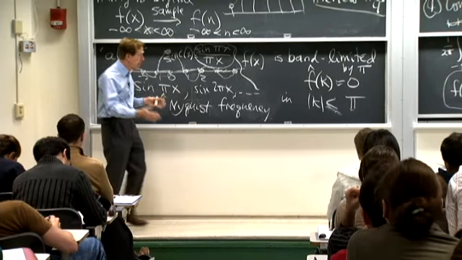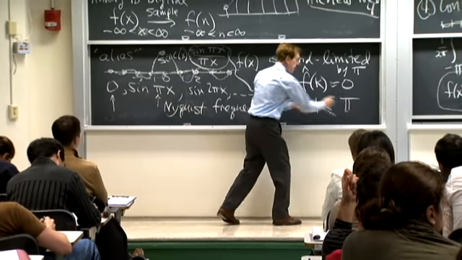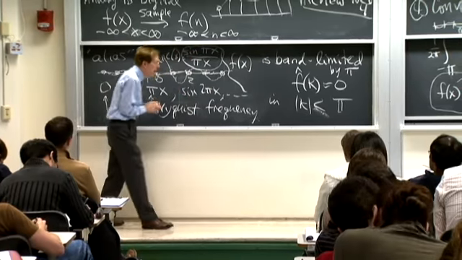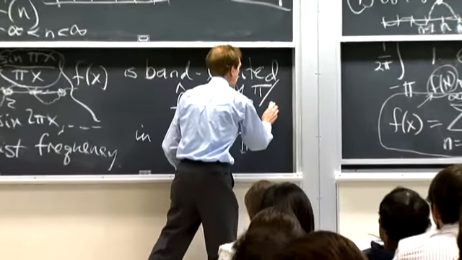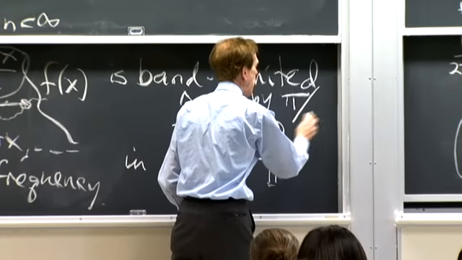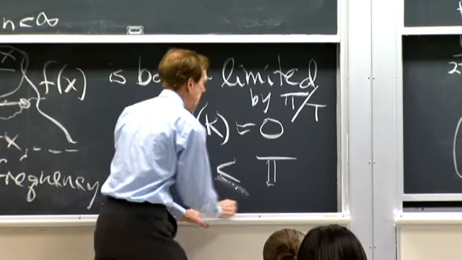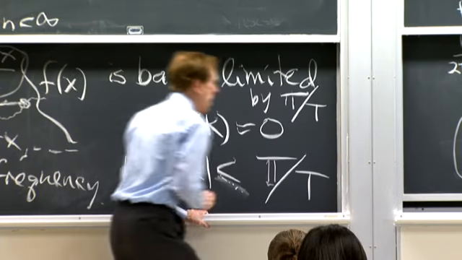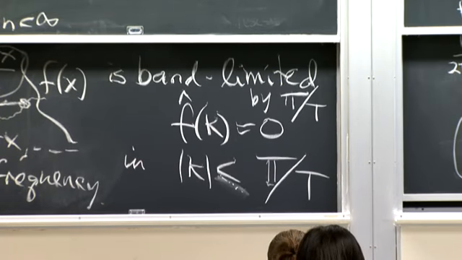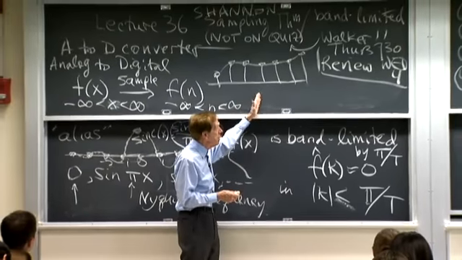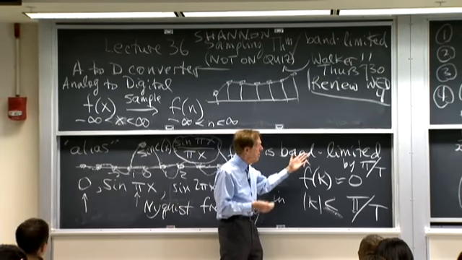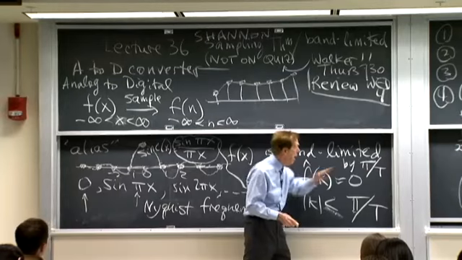But if the bandwidth is increased, well, by the way, what does happen? Suppose it's band limited by pi over T. Let's just, I normalized things to choose samples at every integer, 0, 1, 2, 3, and it turned out that the Nyquist frequency was pi.